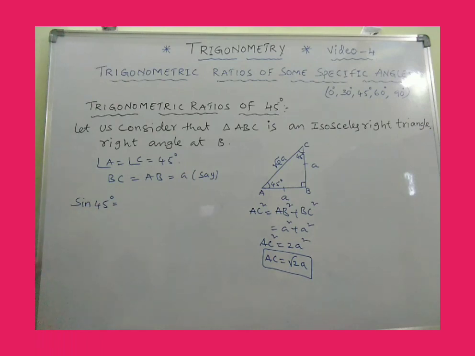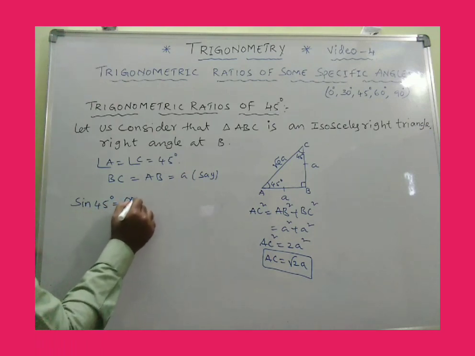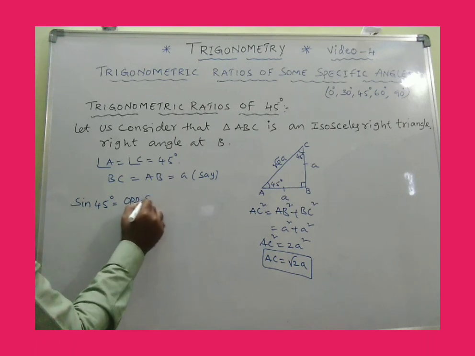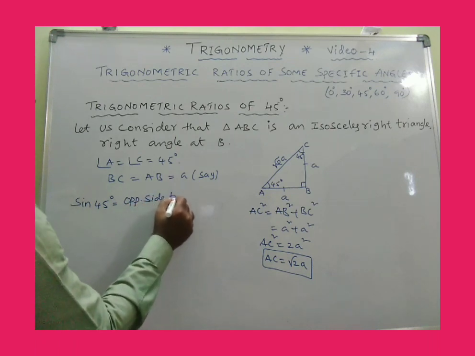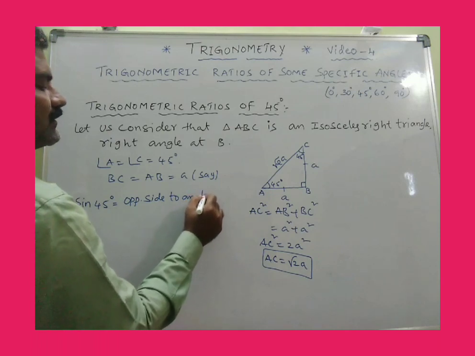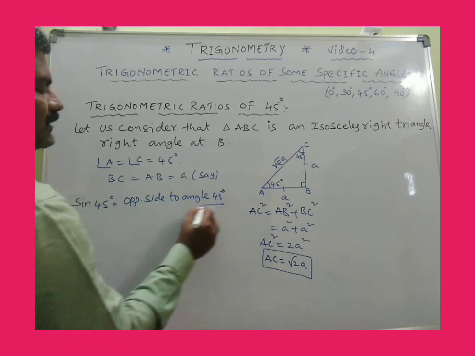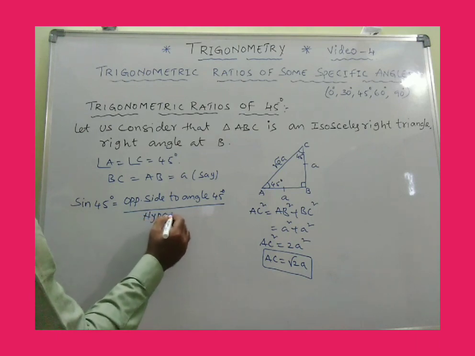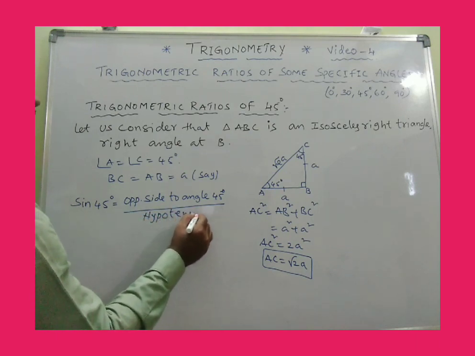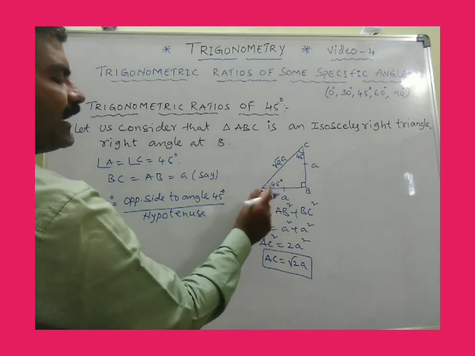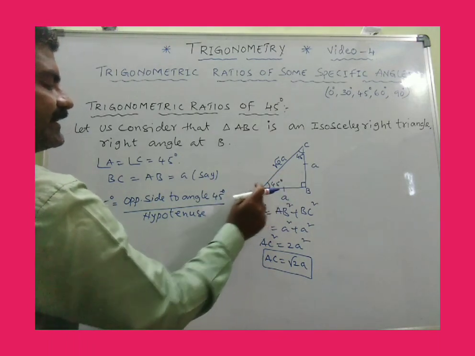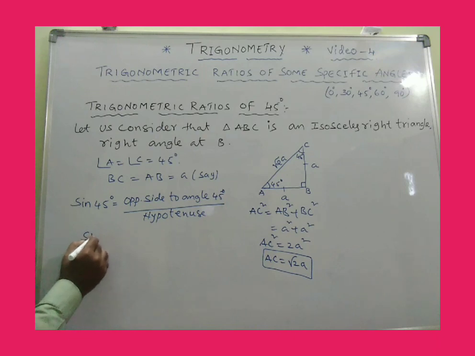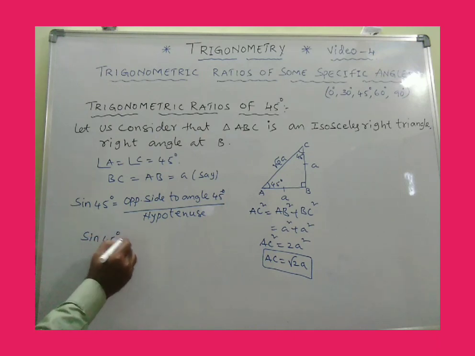So, sine means the opposite side to angle 45 degrees by hypotenuse, isn't it? So any angle you can consider. I want to consider A. Sine 45 degrees is equal to, do one thing.